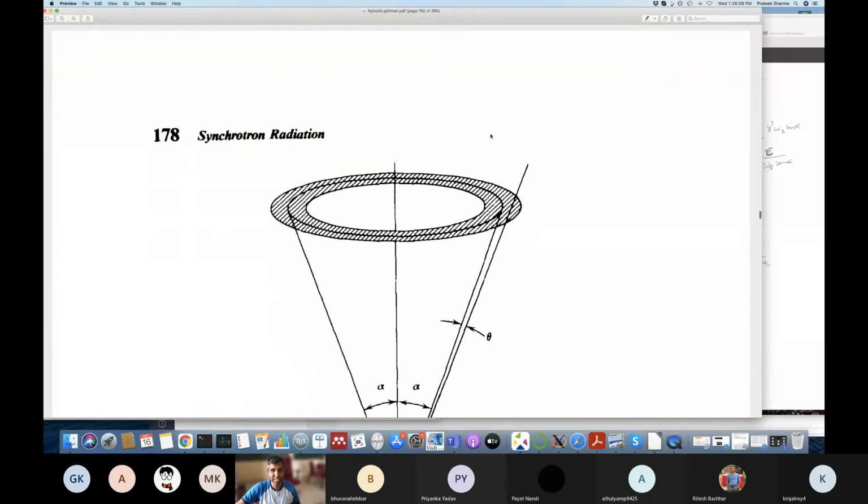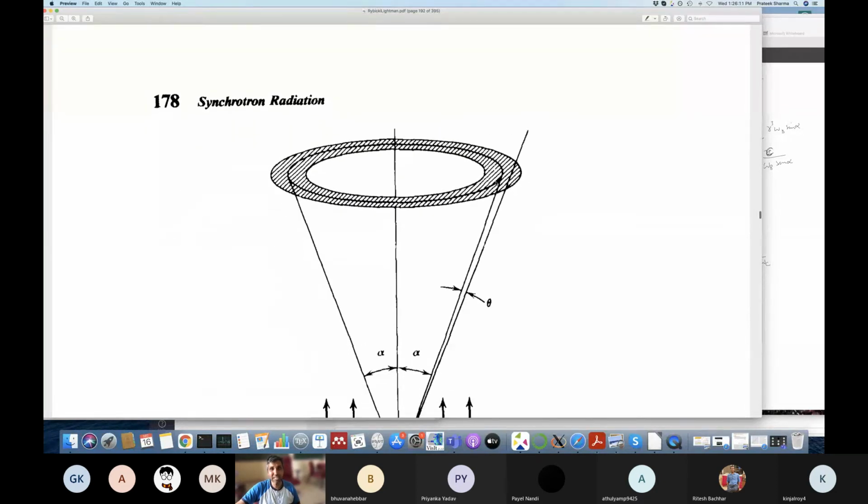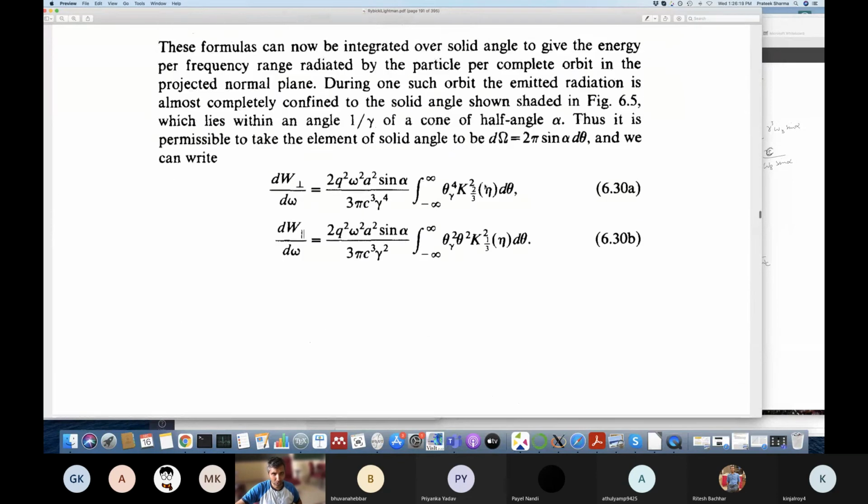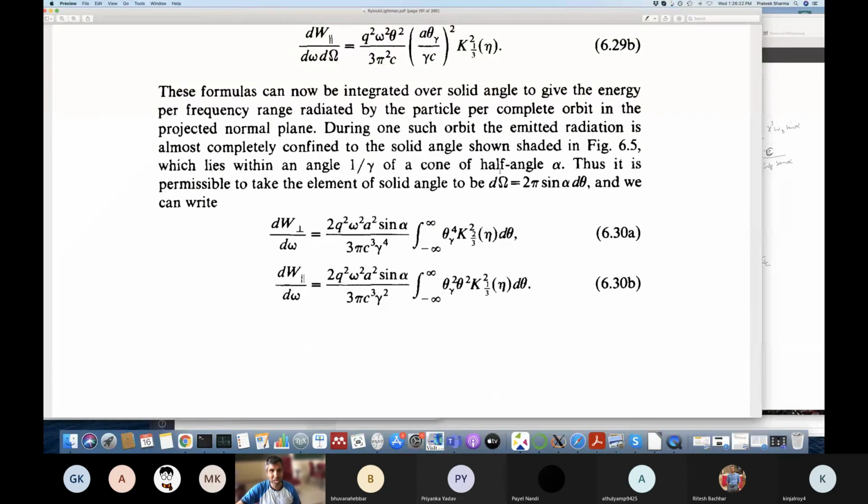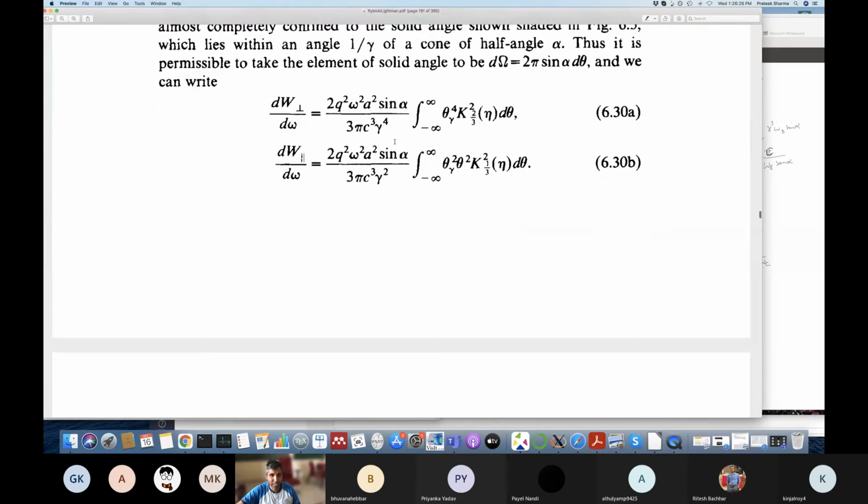In any direction along this cone at angle alpha, you see equal and strong radiation. So we can now integrate this radiation over solid angles.